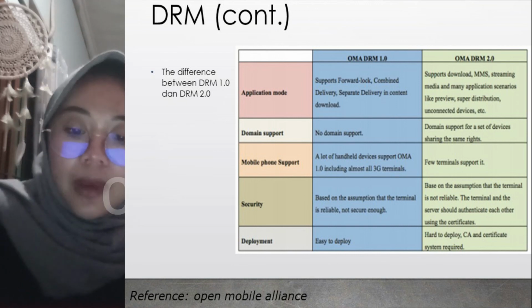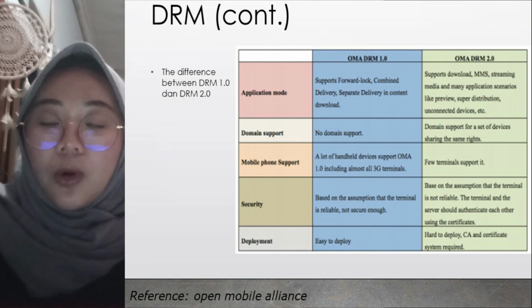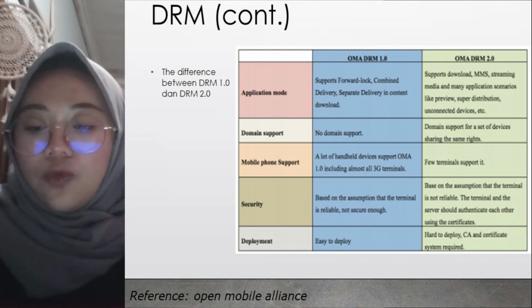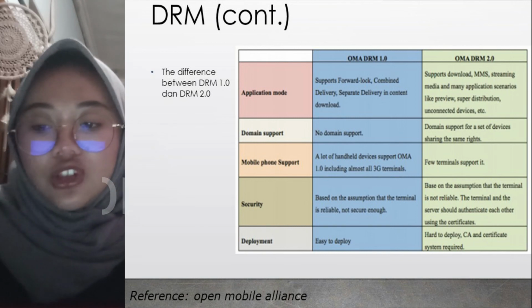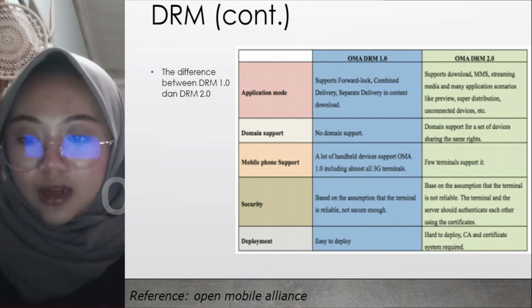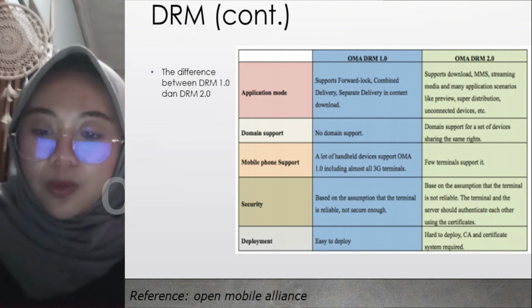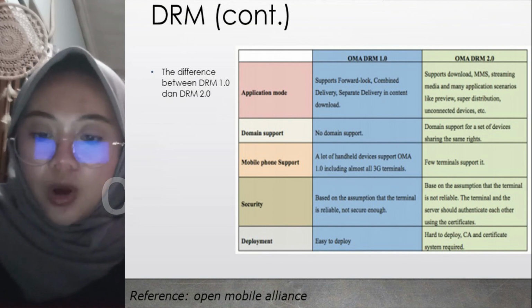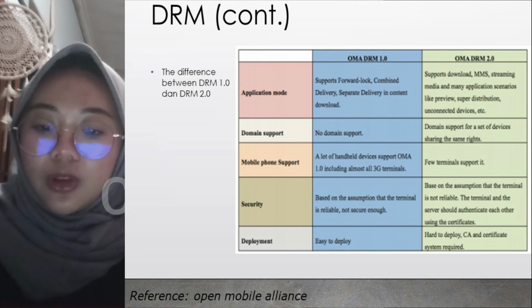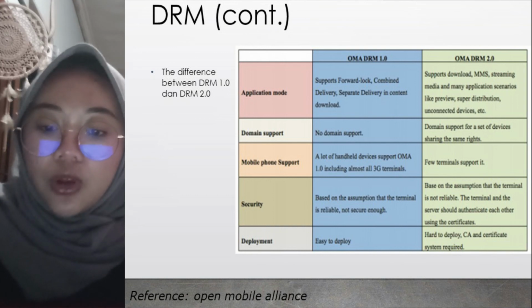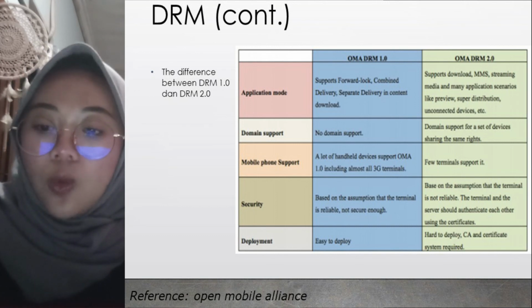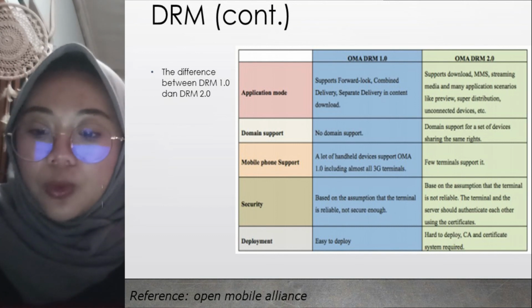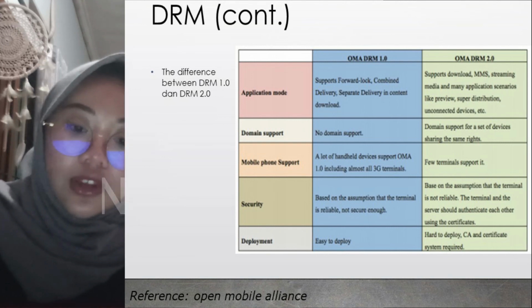And in terms of domain support, the DRM 1.0 has no domain support. For DRM 2.0, there is domain support for a set of devices sharing the same rights. For mobile phone support, for DRM 1.0, a lot of handheld devices support OMA 1.0, including all 3G terminals, while for DRM 2.0, few terminals are supported.